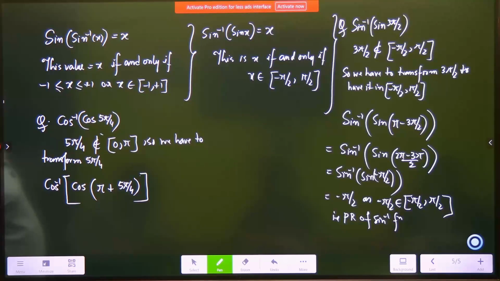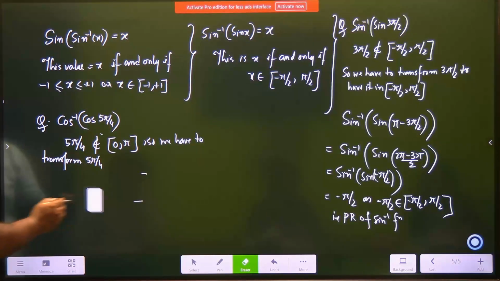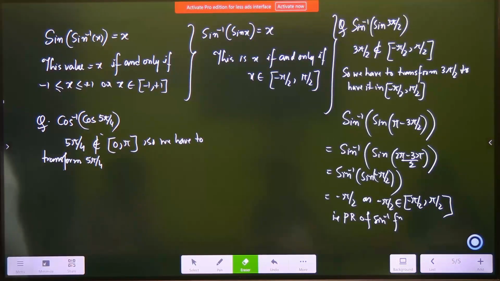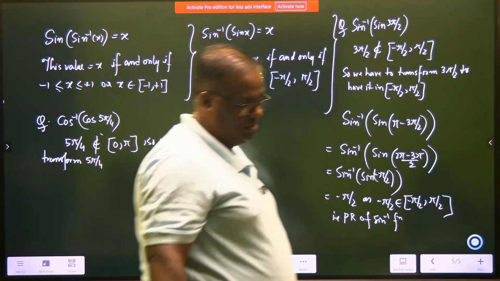Pi plus pi by 4, where will you land up? 9 pi by 4. But what is the value of 9 pi by 4? It is much more than pi. So your job won't be done. Your value has to be between 0 and pi. Think, how will you transform this? 5 pi by 4 means you have overshot pi by 4.